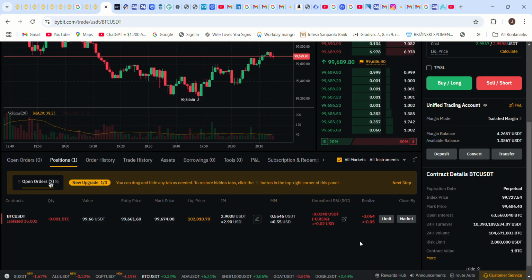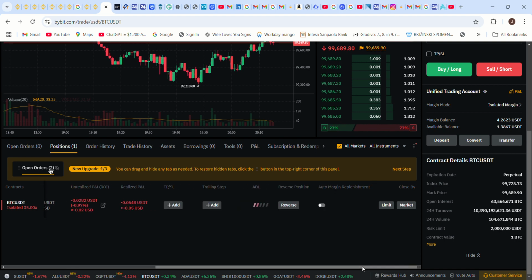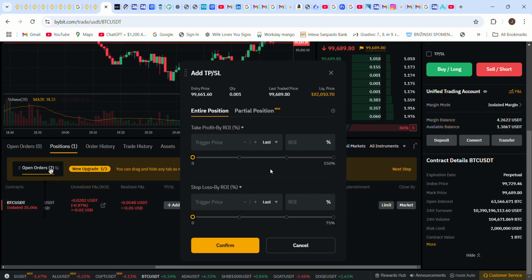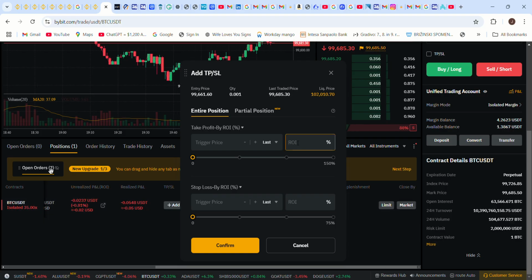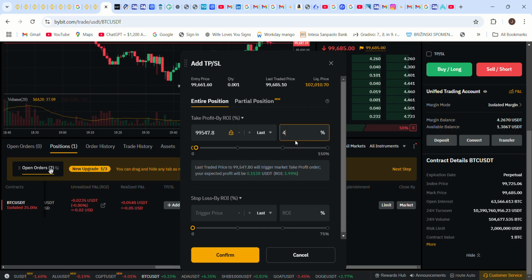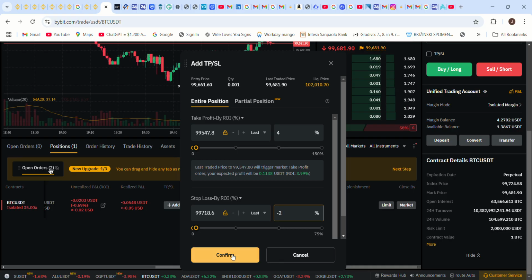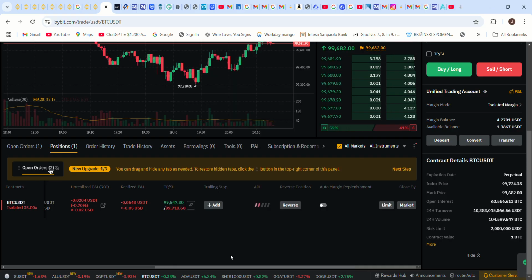And here you can also now put take profit and stop loss. For example, 4% is take profit, 2% is stop loss, and we go with confirm. That means we will lose only 2% of our money, or gain 4%.